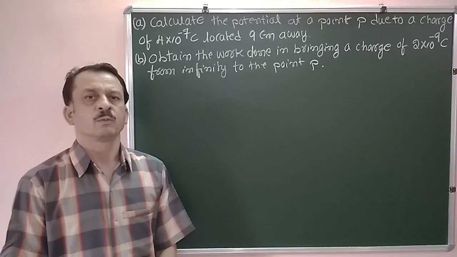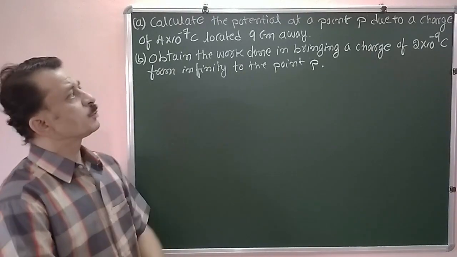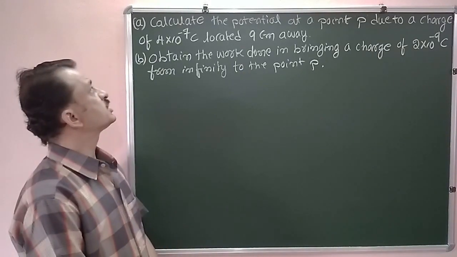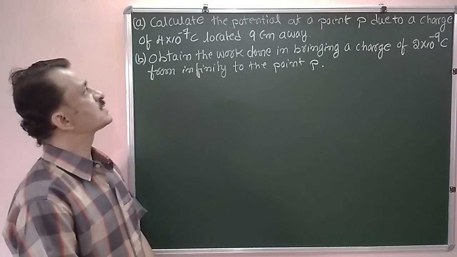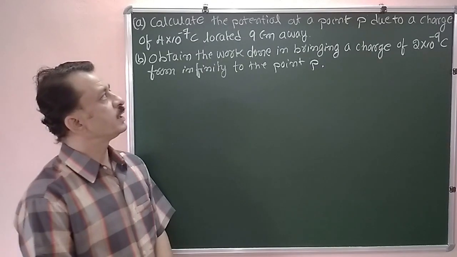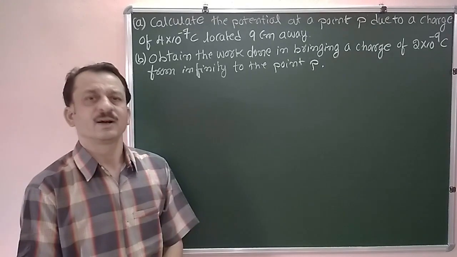Now we will work out a simple problem. Calculate the potential at a point P due to a charge of 4 into 10 raised to minus 7 coulomb located 9 centimeters away.